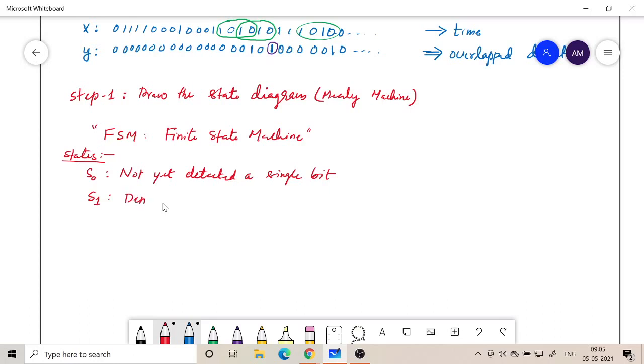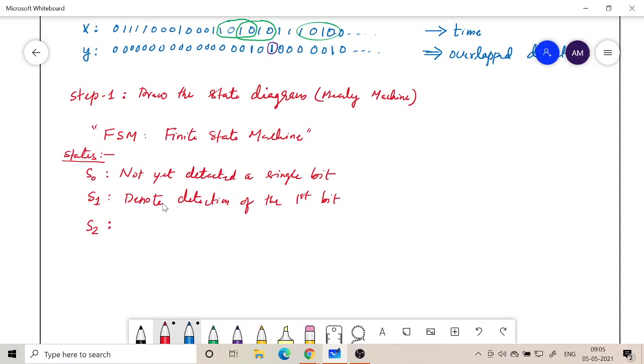Okay, so this denotes detection of the first bit. In our case, it is 1. When you detect 1, the first 1 that comes, that is the first bit that we are looking for. And then after detecting the first bit, we are looking for whether after this 0 will come or not.